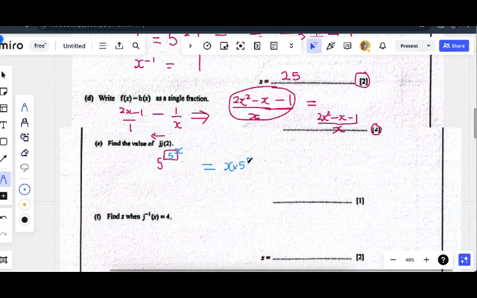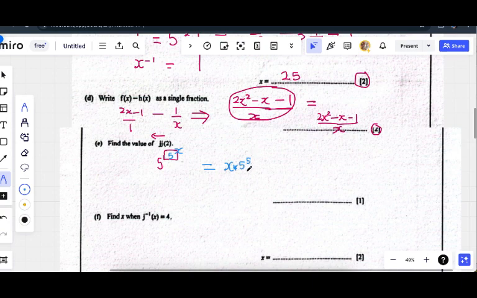How? Because this one comes down, and then we now have 5 to the power 5. This one comes down here and becomes x multiplied by 5 to the power 5.